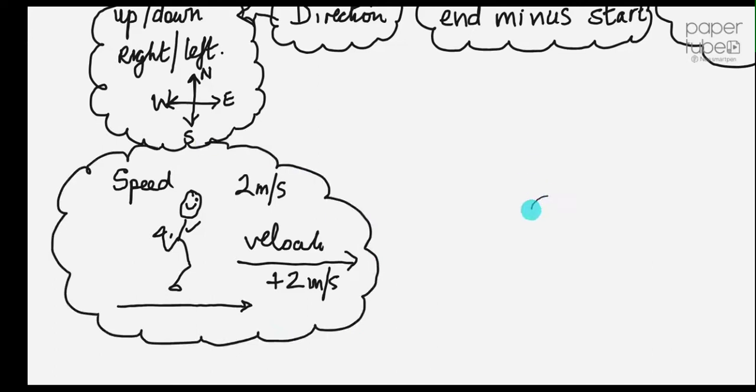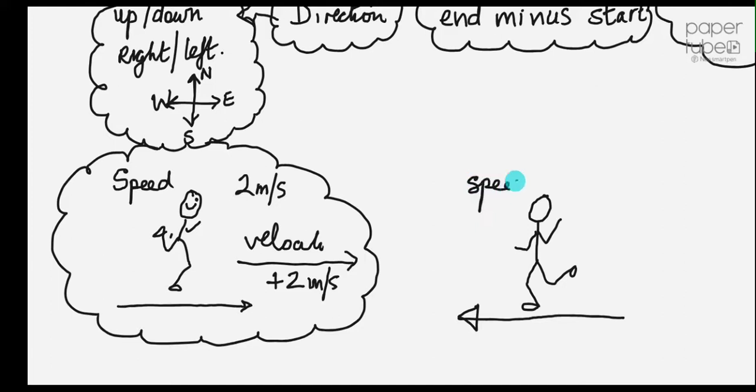Whereas, same young chap, also happy, is going to the left with a speed of 2 meters per second. So every second they cover 2 meters. But they're going to the left, so their velocity is minus 2 meters per second.